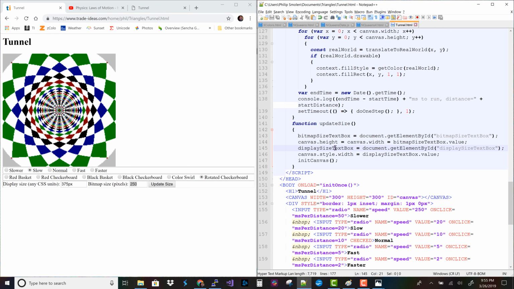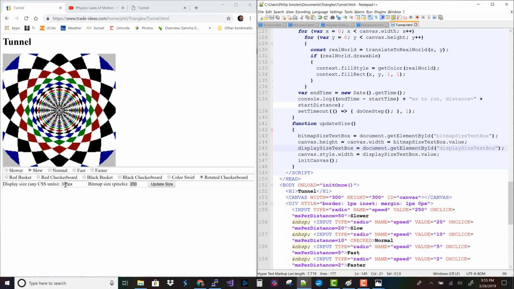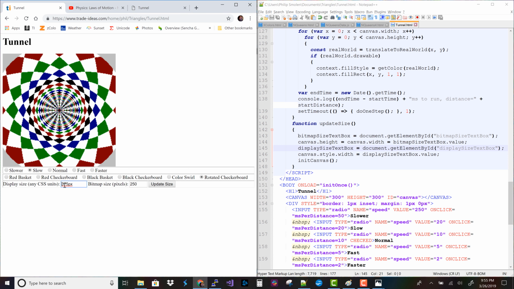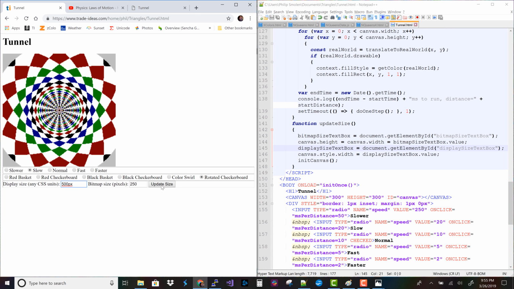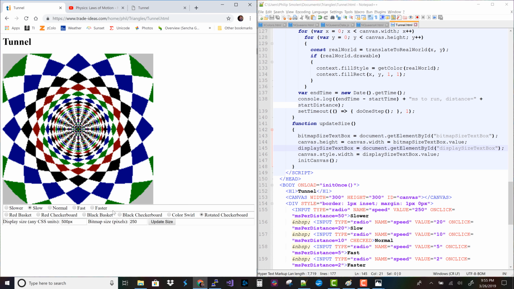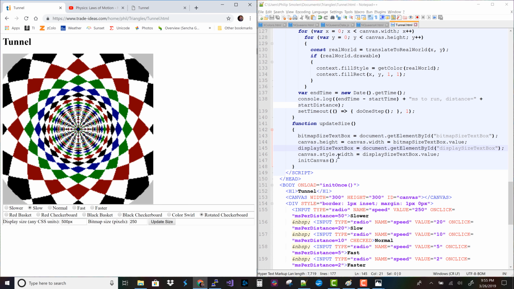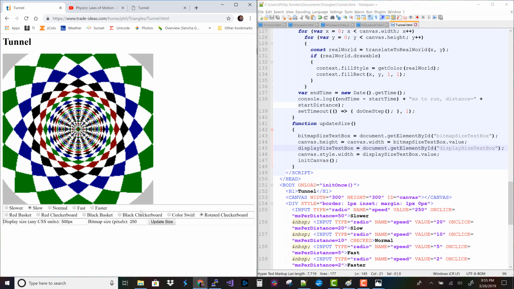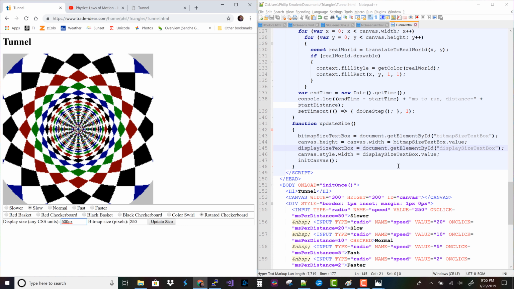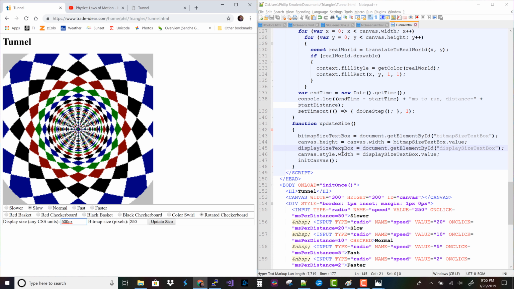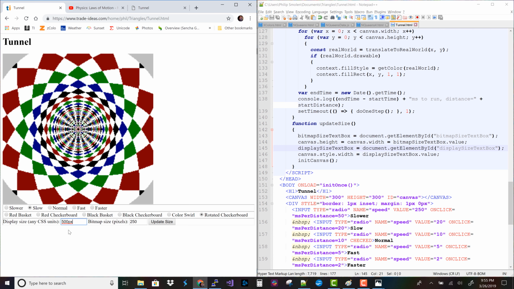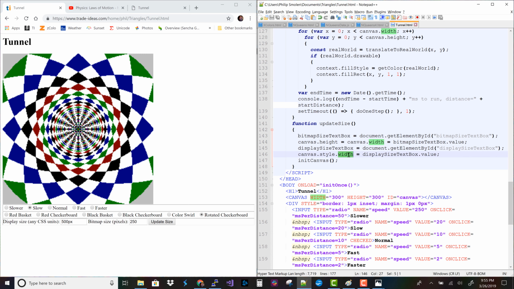Then we have the display size. So remember, without changing the quality, we can just make it bigger or smaller. And then the display size, this is CSS. That's why it says PX here. And again, we're just reading in the value from the GUI and then shoving it right back in.